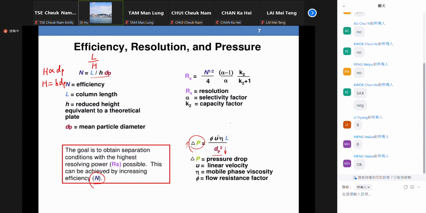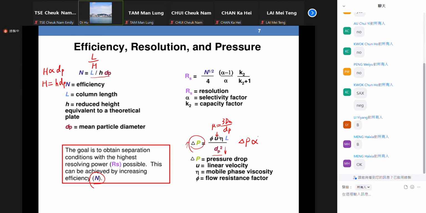What are all the other terms? Flow resistance factor, linear velocity. Here is mu. Still remember mu optimized equals what? 3 times dp. If we put that in, you see that delta p is proportional to what?